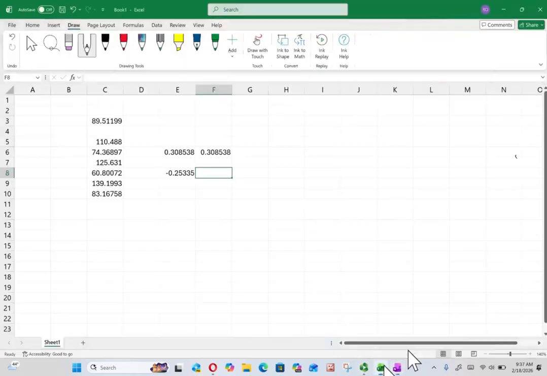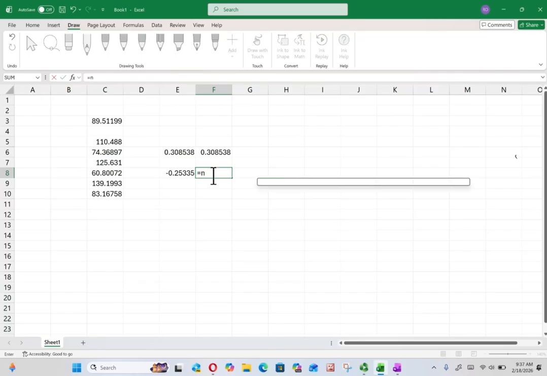And if you go back and I put in equals NORM.INV 0.4 to the left, 100, comma, and 20, comma, cumulative.